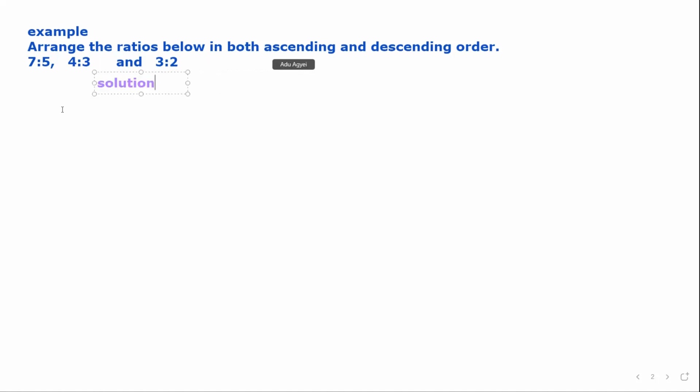Now you change all ratios to fractions first.